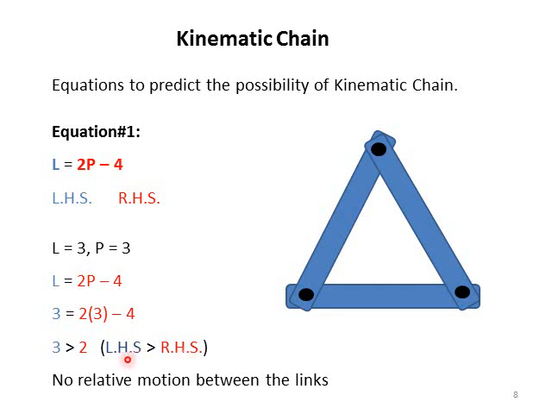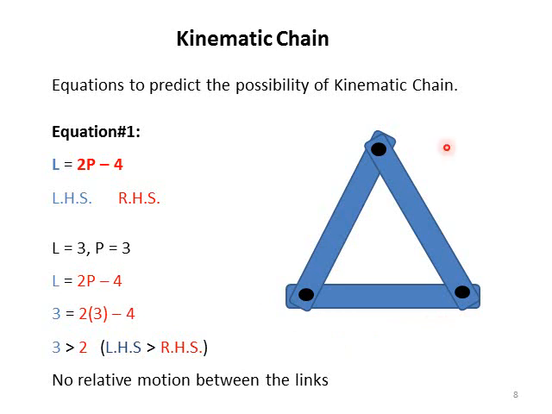If the left hand side is more than the right hand side, this means there is no relative motion between the links, and the combination of links and joints will be called a locked chain, and will not be called a kinematic chain.